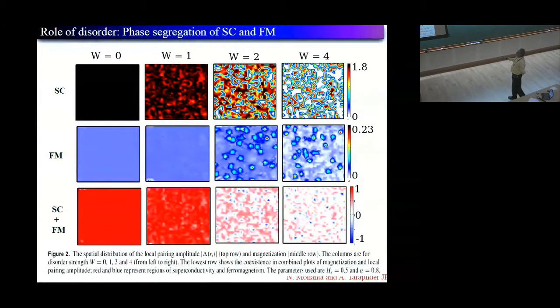Then you superpose these two, and you find that where there is no superconductivity, there is magnetism, and where there is no magnetism, there is superconductivity. So it's a simple case of phase separation, nothing much. It has nothing to do with an FF-LO kind of state.